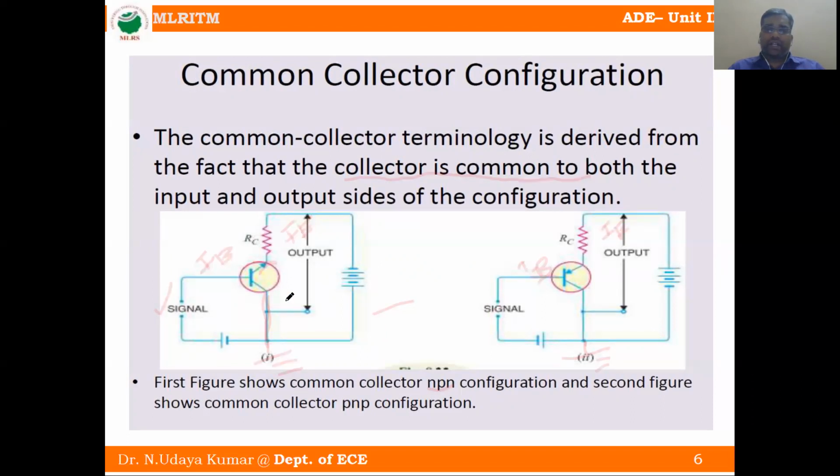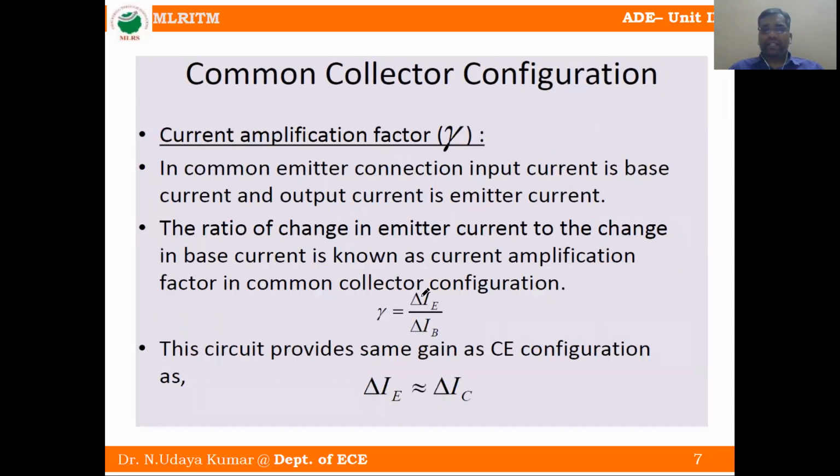That means the current amplification factor is the change in IE by the change in IB, in both cases. So output current by input current, change in emitter current by change in base current.